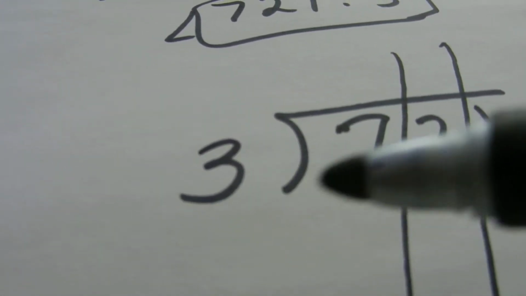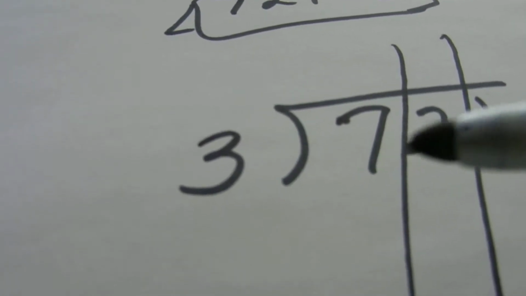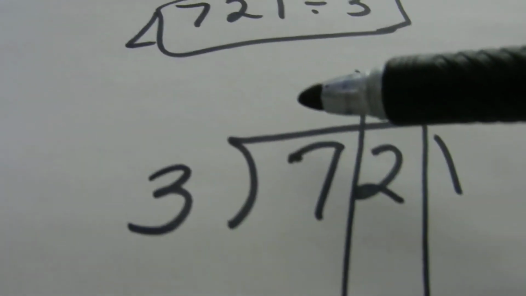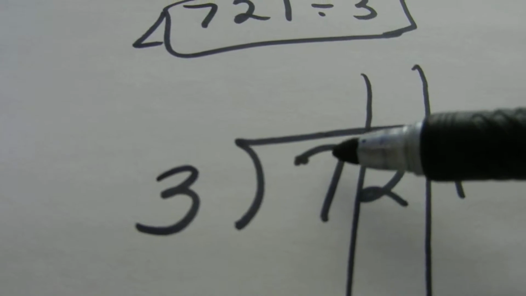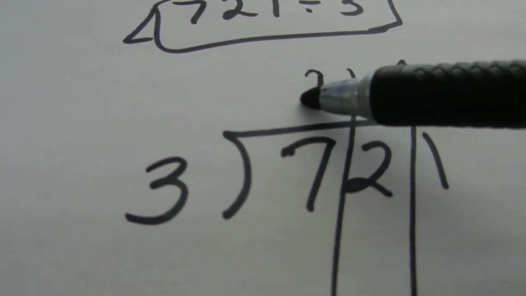3 goes into 7. Yeah, it looks like 700. We're actually dividing 3 goes into 700. And we're going to work in the hundreds lane. 3 goes into 700. How many times? Well, 3 will go into 7 2 times.